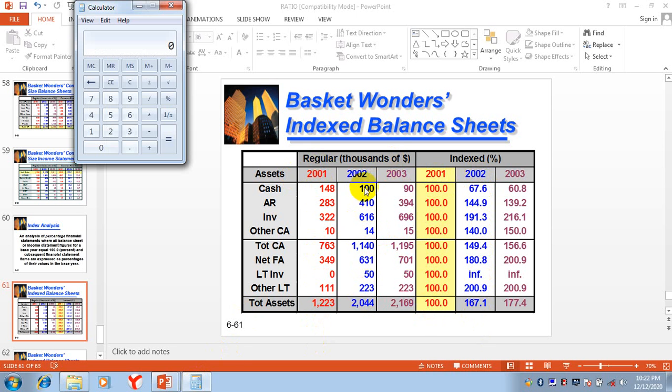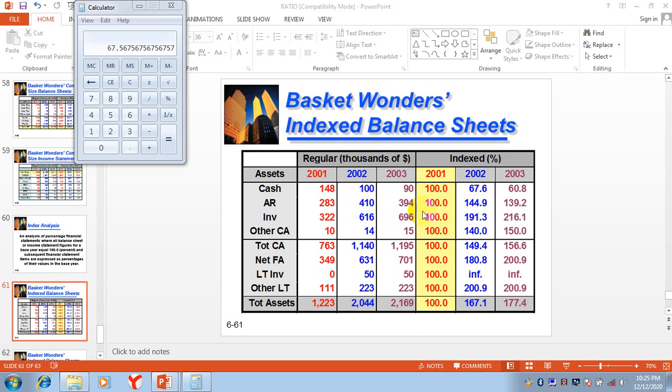Take this 100, divide it by this base year item 148 and multiply it with 100. So we got 67.6%.